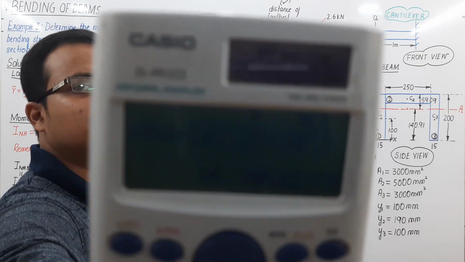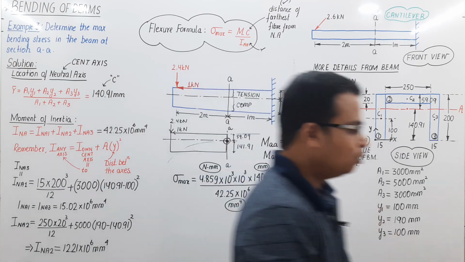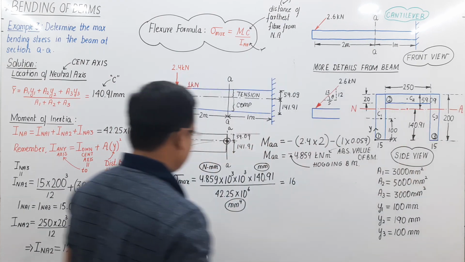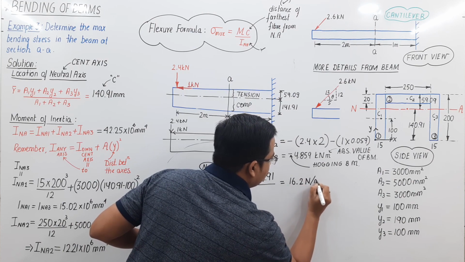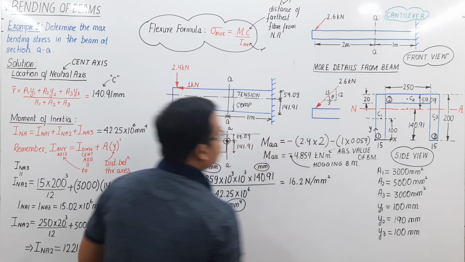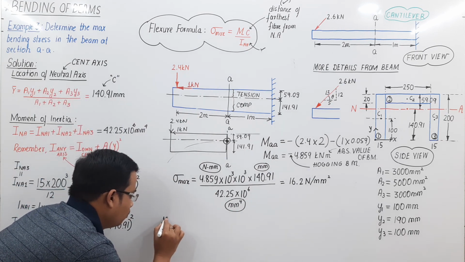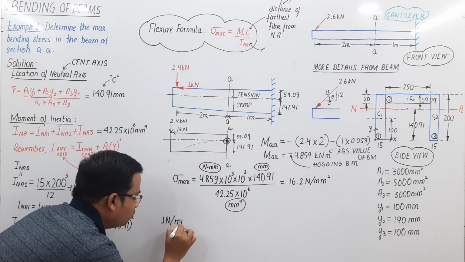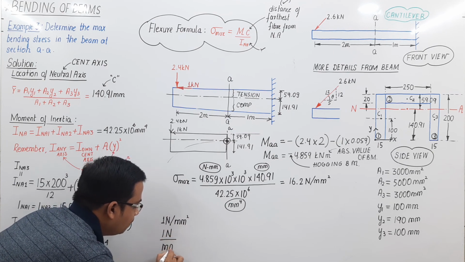Is this visible? 16.2, whatever. 16.2 Newton per millimeter square. Now remember a conversion, and this is going to be super helpful. 1 Newton per mm square.